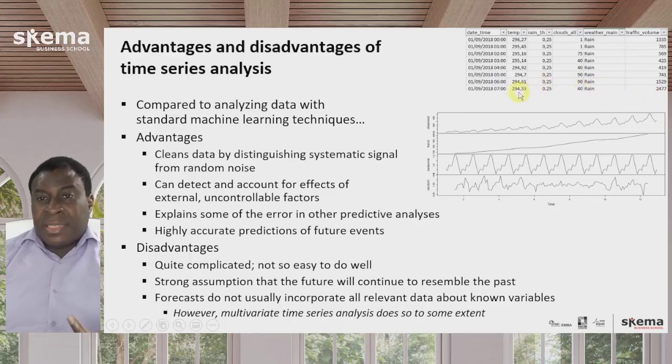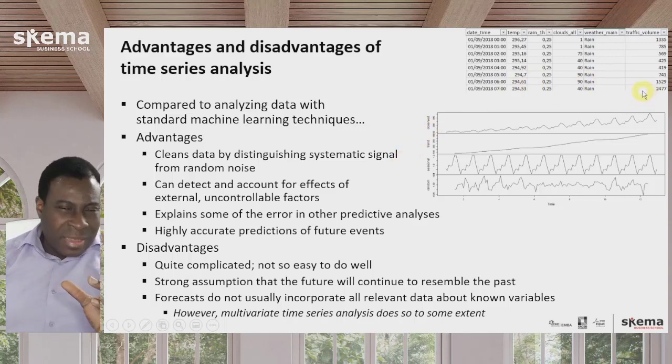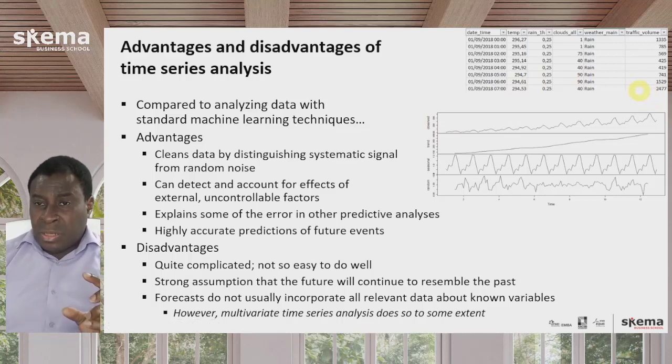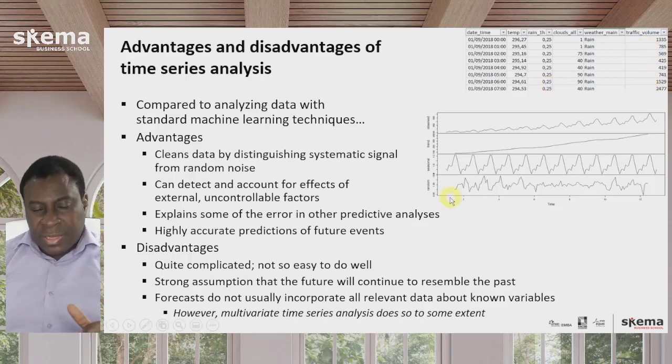What's the temperature at that time? There are a lot of other factors that affect what you're trying to predict other than the past trend, and time series analysis does not usually sufficiently consider these things. There is multivariate time series analysis that tries to consider these, but it is limited and often not quite as predictively powerful as classic time series analysis, which neglects some of these factors. So this is another issue.